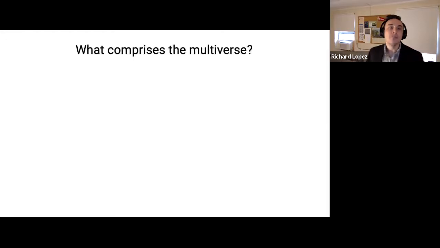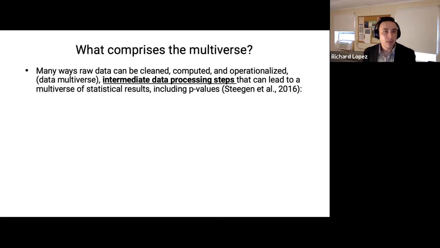So, what is the multiverse? What comprises the multiverse in terms of how we collect and analyze our data? Well, Steegen and others highlighted the fact that there are many ways that our raw data in our studies can be cleaned, computed, and operationalized, which can lead to a data multiverse. But importantly, there are many intermediate data processing steps that can lead to a multiverse of statistical results, including p-values.